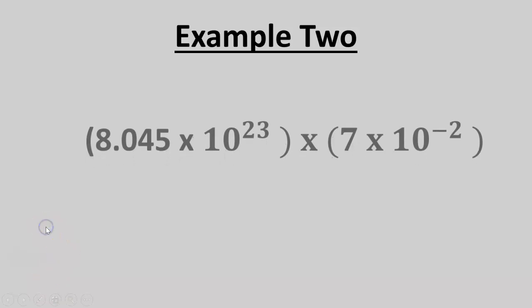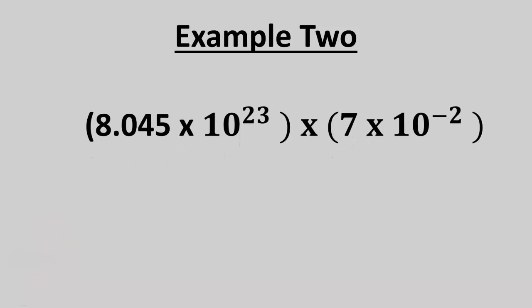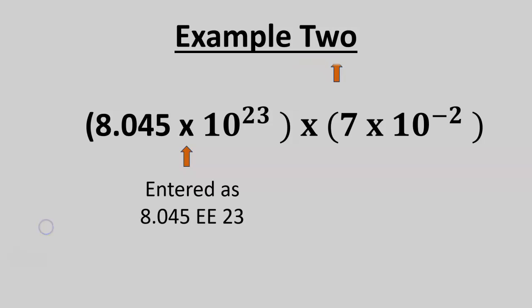We have an example number 2 that we want to do. Let's go ahead and see what we have working for us over here. So we have 8.045 times 10 to the 23 multiplied by 7 times 10 to the negative 2. So when we enter in this 8.045 times 10 to the 23rd, we're going to enter it in as 8.045 EE 23.